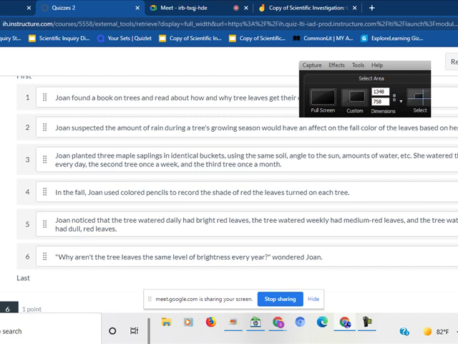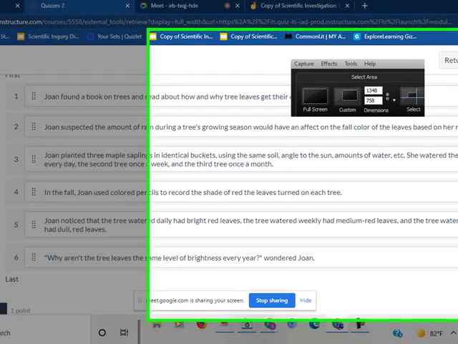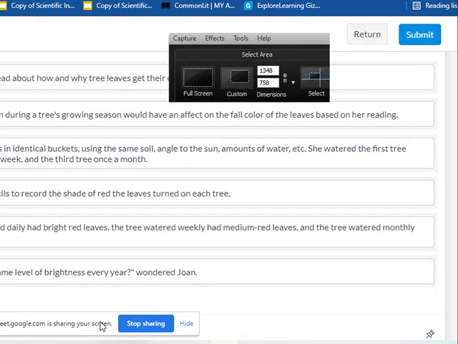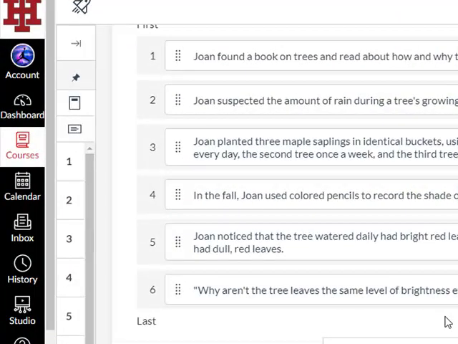Experimental conclusion? It's like a question. Okay. What do we state as a question? Why aren't the tree leaves the same? Right, but where do we find the question in our process? Do we end with a question, or do we start the process having a question?